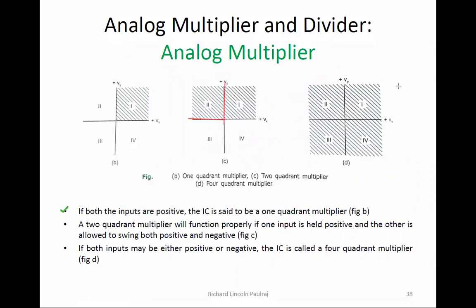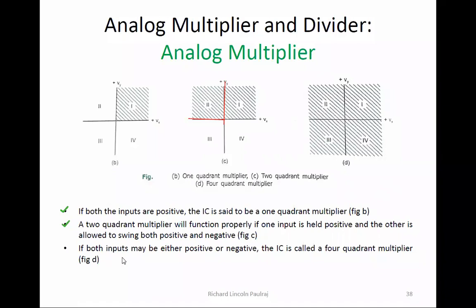So it has the advantage of swinging between a positive and a negative value, but one of the values should be positive. Understood? Vx should be positive, and Vy can be either a positive or a negative value. It can just swing between them. In that case, it will occupy two quadrants.